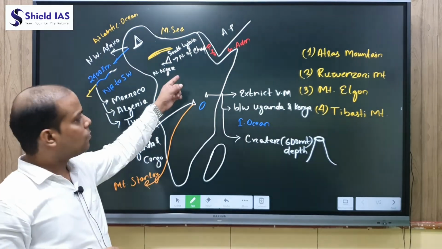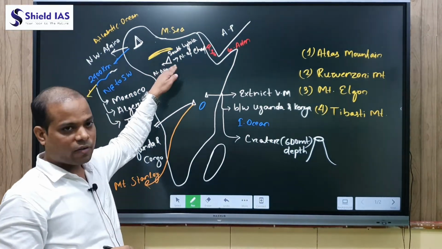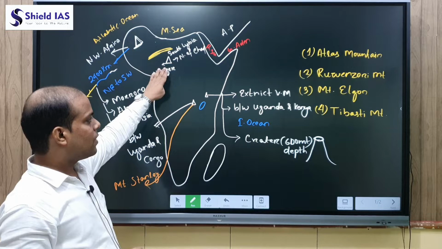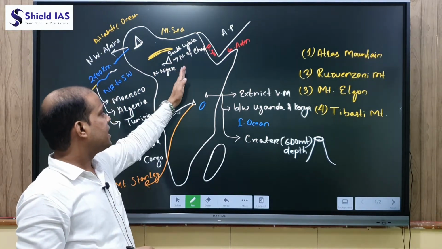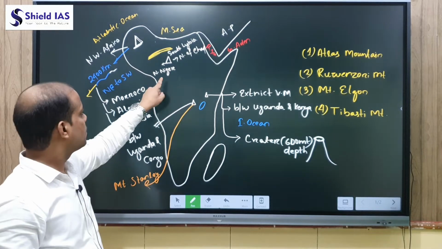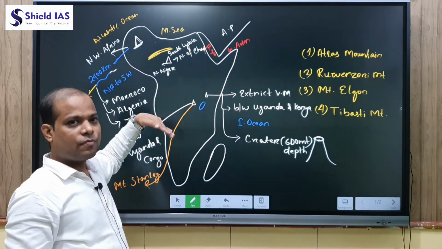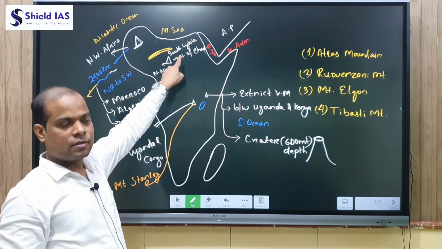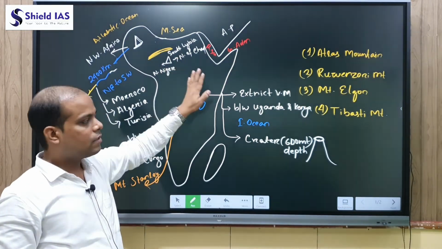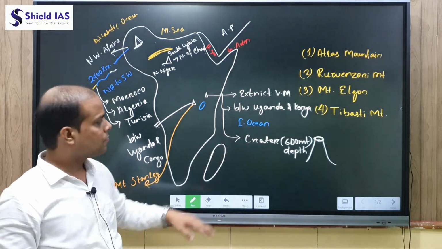So most of this mountain range, the Tibesti mountain range, lies in the north of Chad, and it extends toward the west, north of Niger, and further north toward the south of Libya. So this is all the information about the Tibesti mountains.